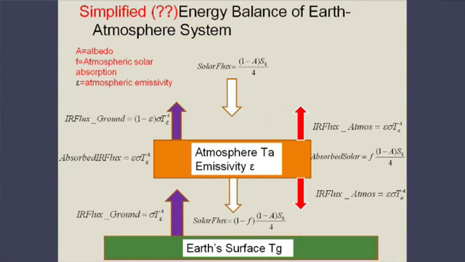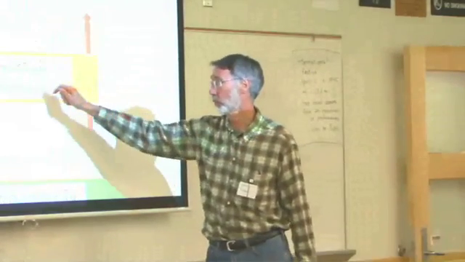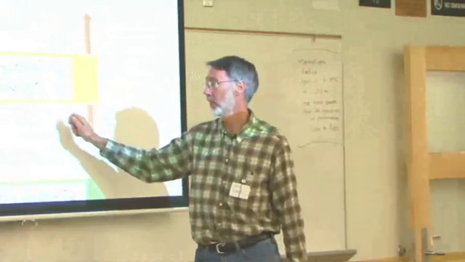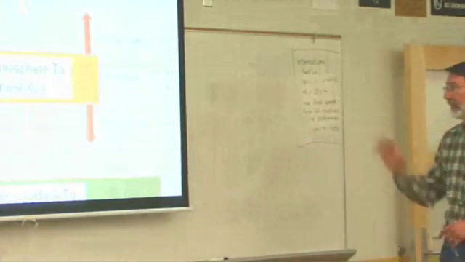It has the Earth emitting radiation at the ground temperature, absorbing some of that and letting some go through. It has the atmosphere emitting radiation at the atmospheric temperature, and it has the sun passing through. Some is absorbed, some is absorbed on the ground.